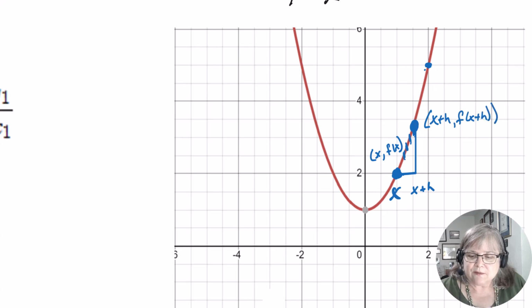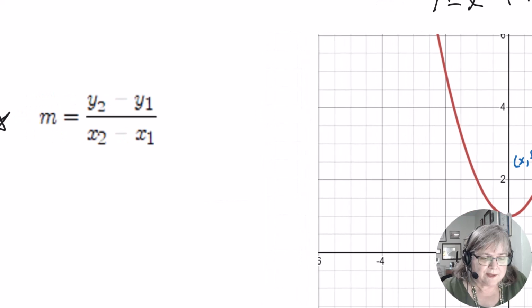plus h. So my two ordered pairs are not 1 and 2 anymore because we're going to do this for a generic point. X, comma f of x, and x plus h, comma f of x plus h. Now, let's do this slope formula with that.